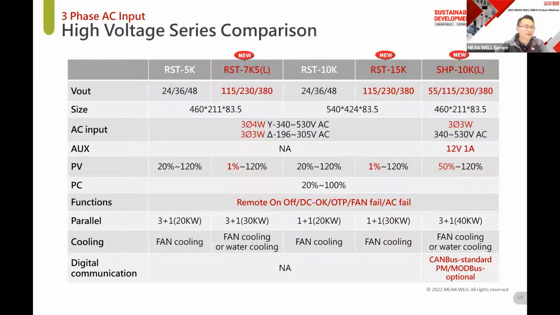All of them have remote on-off, DC-OK, and OTP protection. One thing I would like to point out is the PV function of the RST 7K5 and 15K. The PV can trim output voltage down to 1%. It's suitable for electrolysis systems or charging applications, which need a power supply to be driven under low voltage conditions.